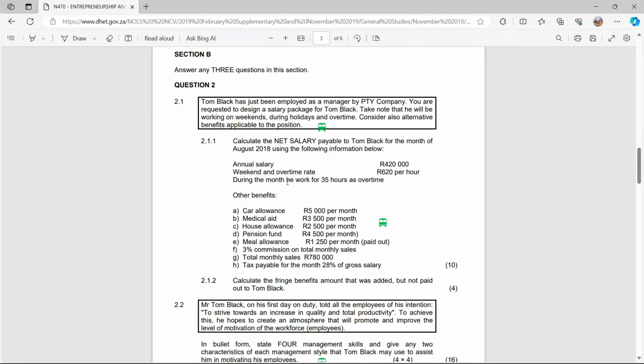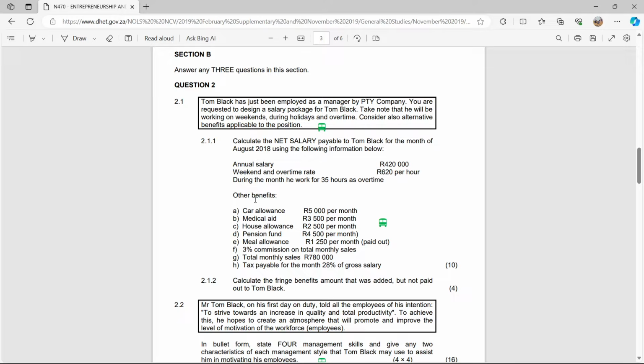And then during the month, he worked for 35 hours overtime, right? This is very important information. It's information that we are going to use to initially reach our net salary, because our objective is to calculate the net salary, right?